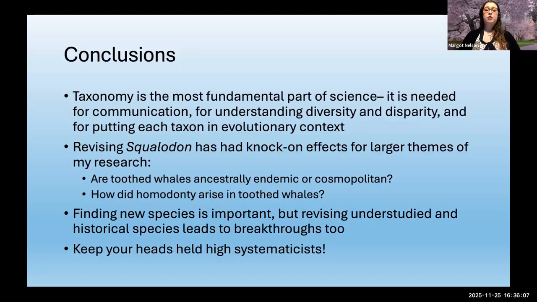I know that my research on Squalodon has been able to unlock research into biomechanical analysis now that we know where they fit in terms of evolution, and now that we even have 3D scans of these specimens, which I was able to create. So I know that especially in the US, especially today, taxonomy and systematics are not seen as cool or hip or important. But keep your head held high. It is actually a really important part of our science.